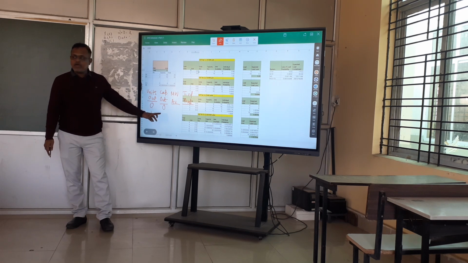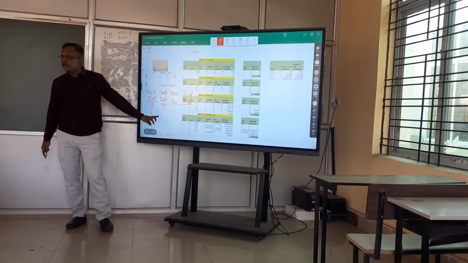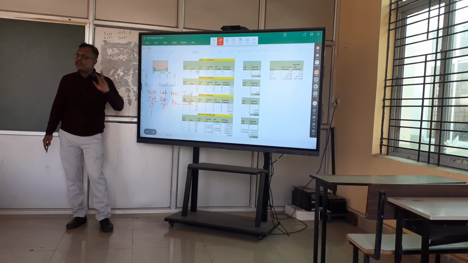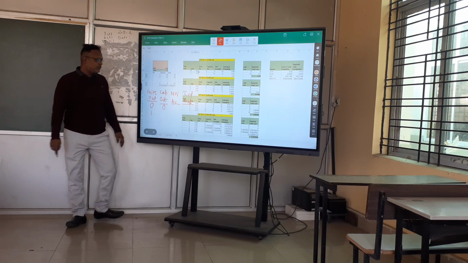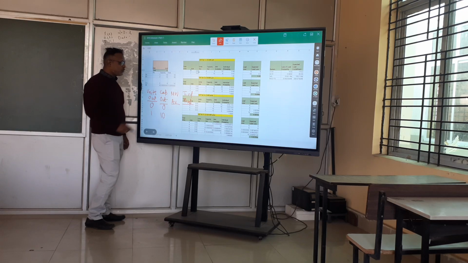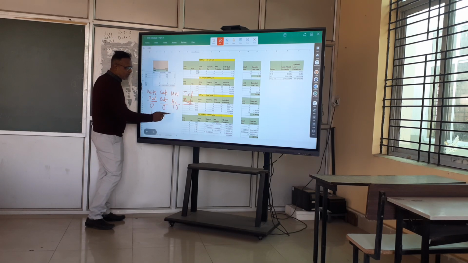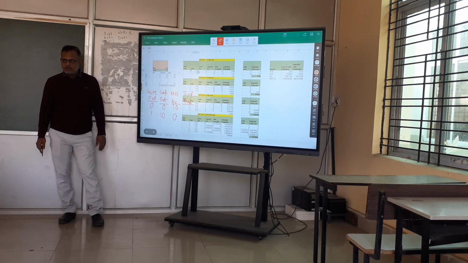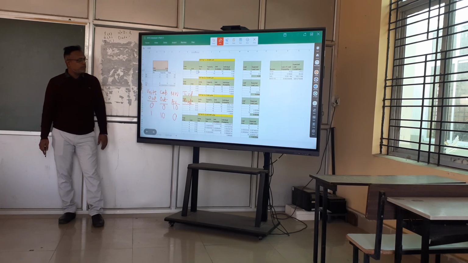Because there is only one generator of 10 megawatt capacity, capacity out is 10 megawatt. So what is the available capacity here? For 0 units out it is 10 megawatt. Here the available capacity is 0 megawatt.